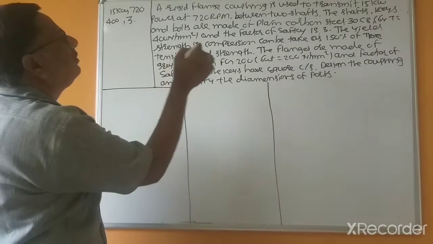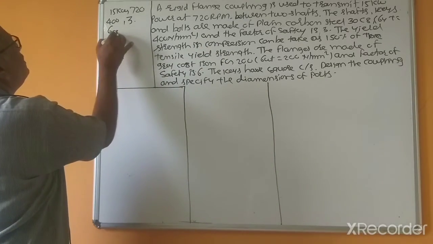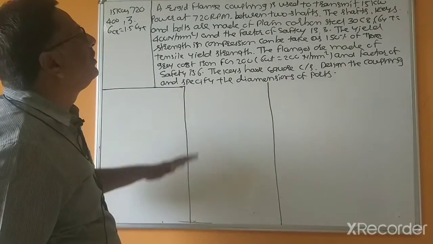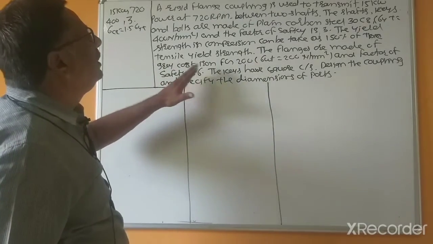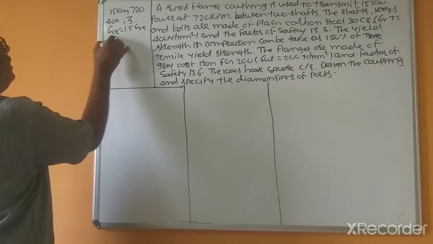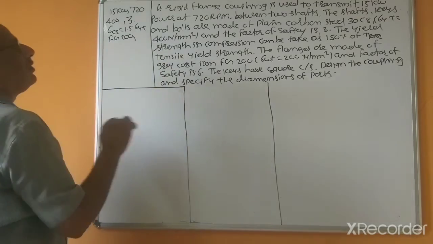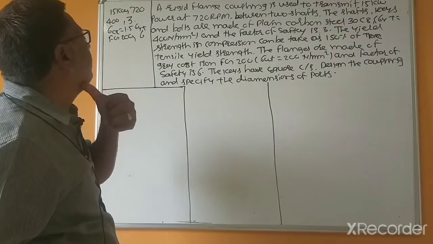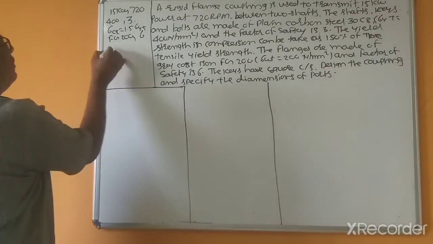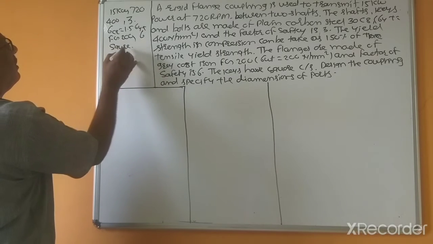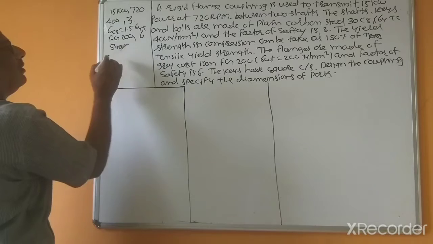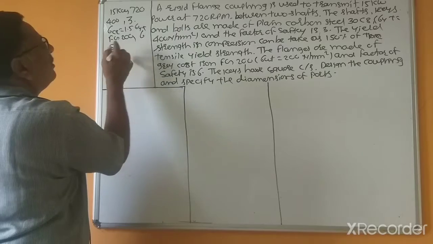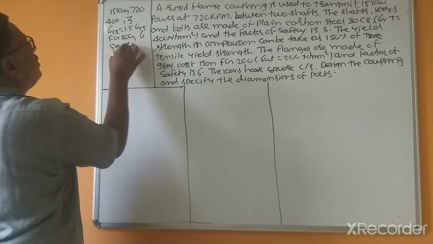The yield strength in compression, sigma CR, is 1.5 times sigma YT, and the material is FG200 with factor of safety 6, this is for the coupling material. The keys have square cross sections.